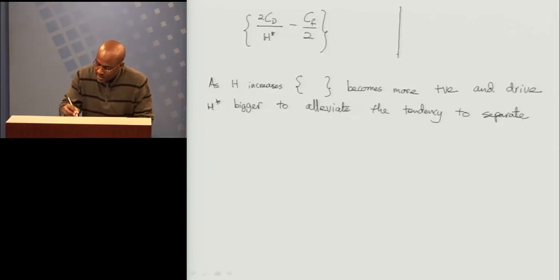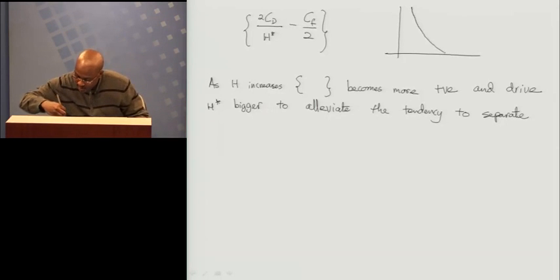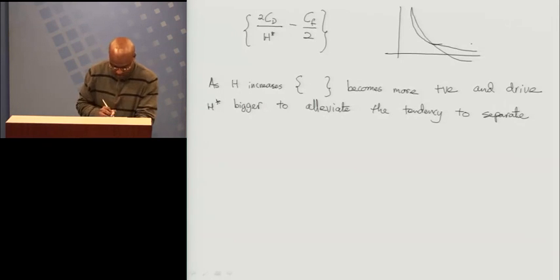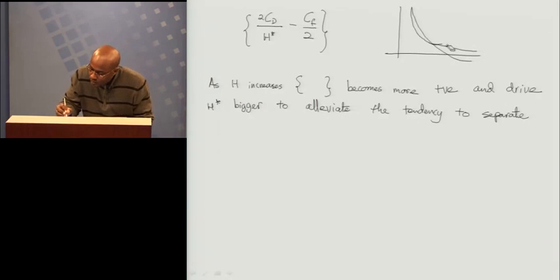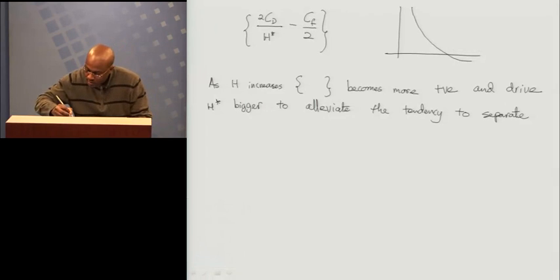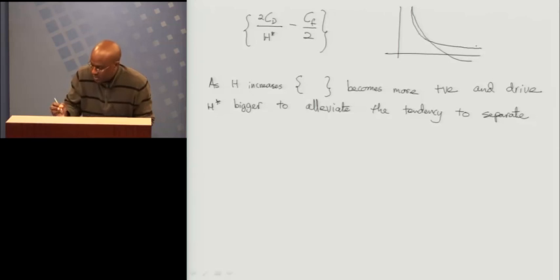Say we're looking at our figure again that we had before, looking at these two terms again. We're looking at H values getting larger and larger, so this guy gets larger and larger.